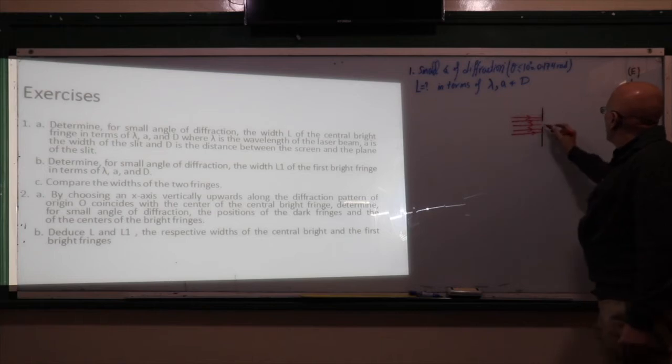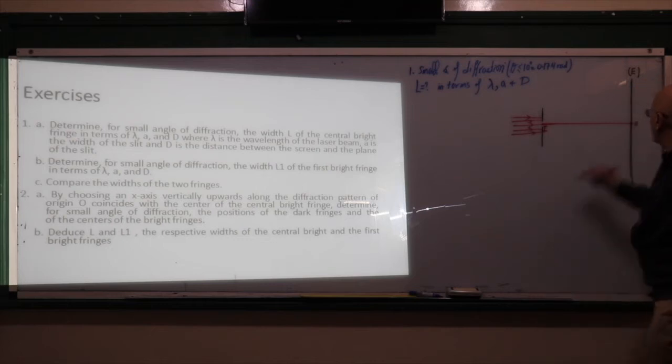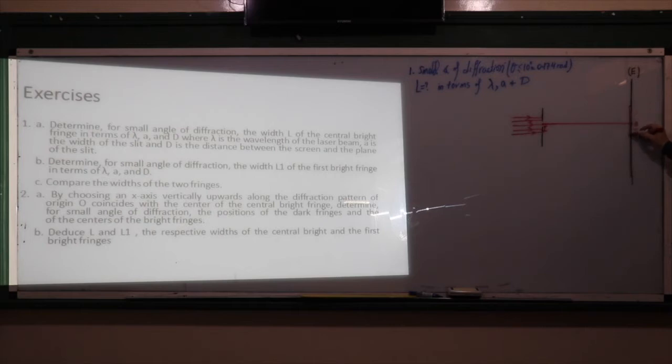So, if I call this point I, the orthogonal projection of I is O, which is the center of the central bright fringe, which I am going to draw a bit larger in order for you to see it. This is the central bright fringe.